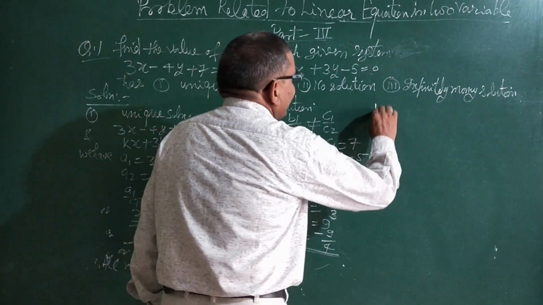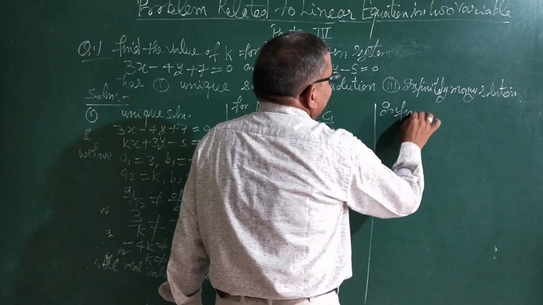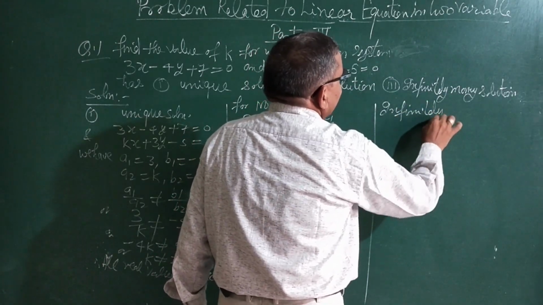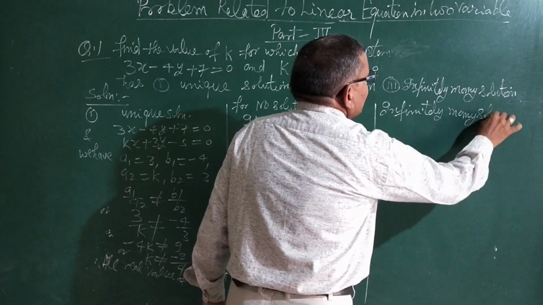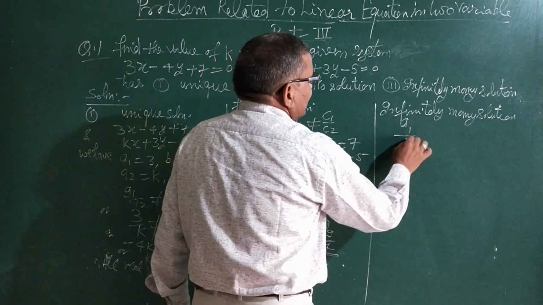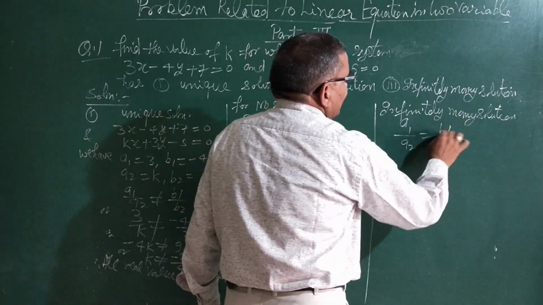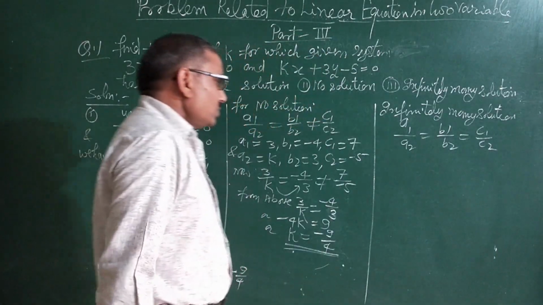Again, infinitely many solutions. Similarly, a1 upon a2 is equal to b1 upon b2 is equal to c1 upon c2.